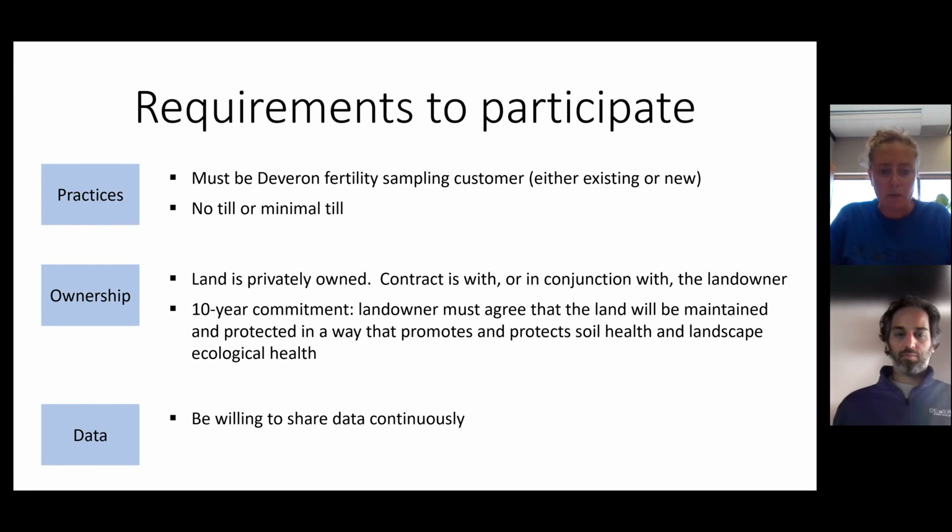And then finally, we need you to be willing to share your data continuously. To get carbon credits certified at the end of the program, we need to put together a report and submit it, and it needs to be fairly detailed. There's no way we can do that if we don't have the participation, the back and forth with the grower. So that's vitally important.